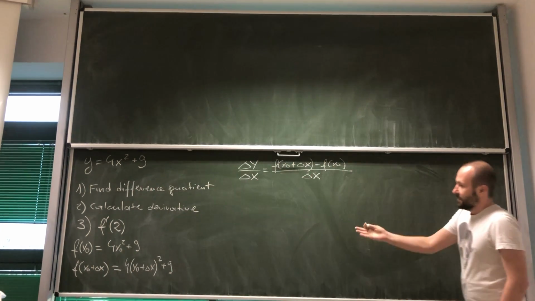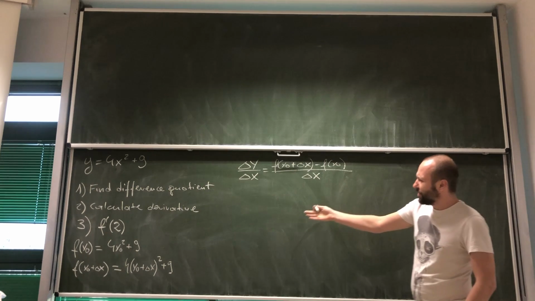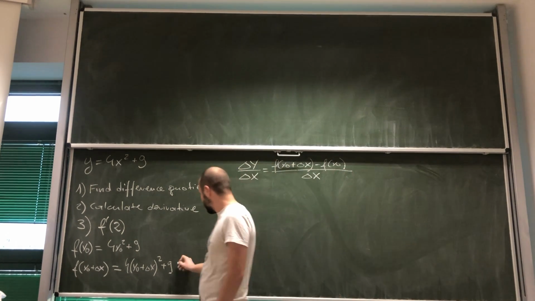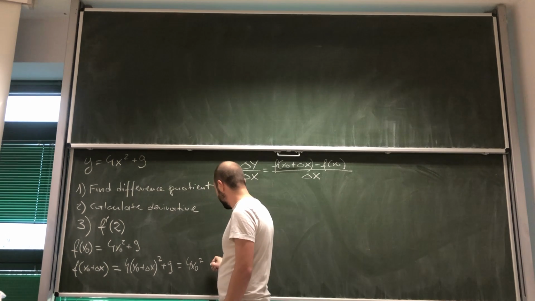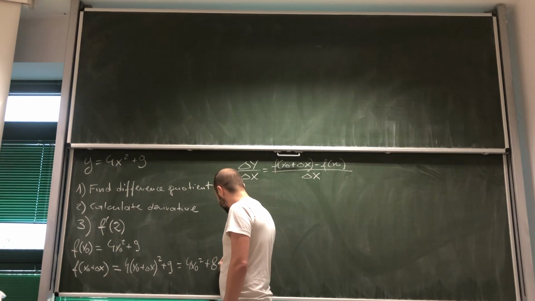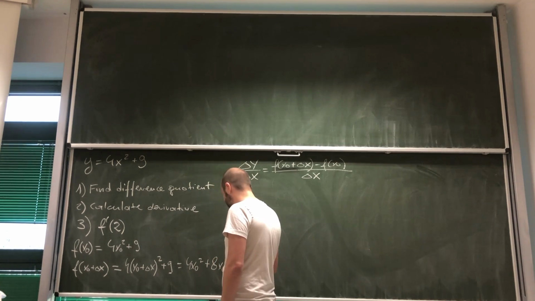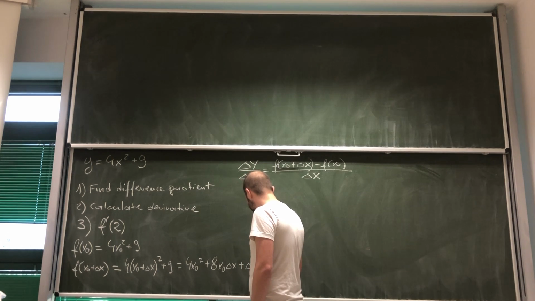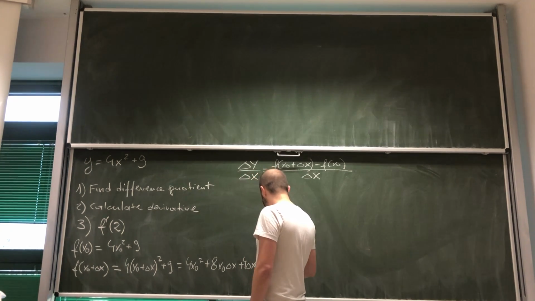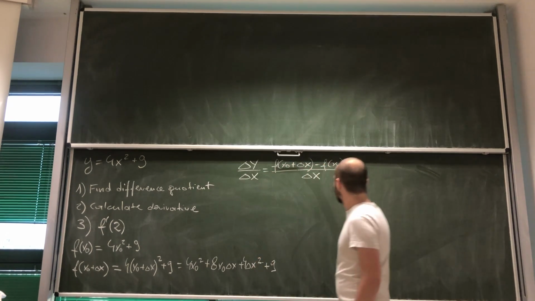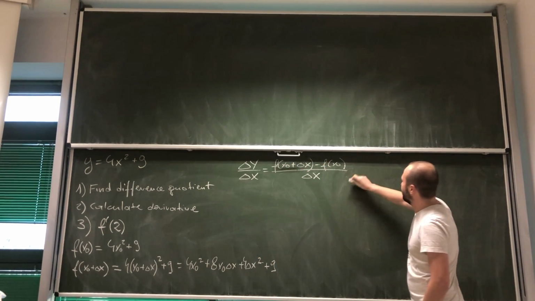Okay, this one actually we can calculate quite easily. This will be 4x0 squared plus 8x0 delta x plus 4 delta x squared plus 9. Okay, we can start substituting.